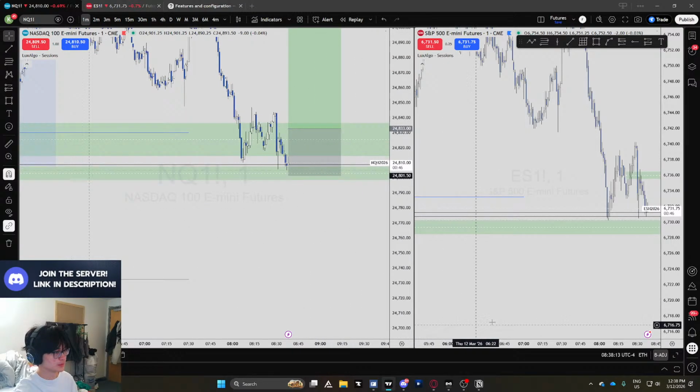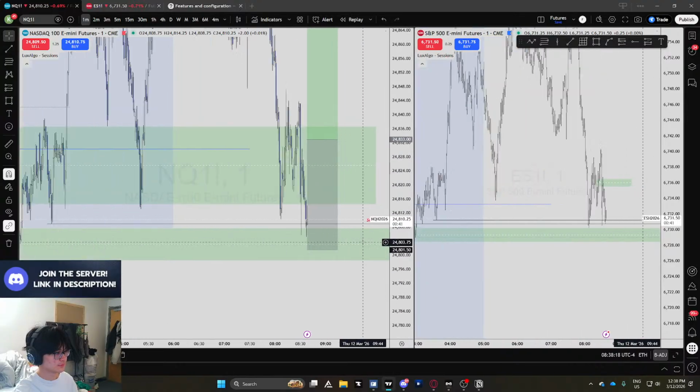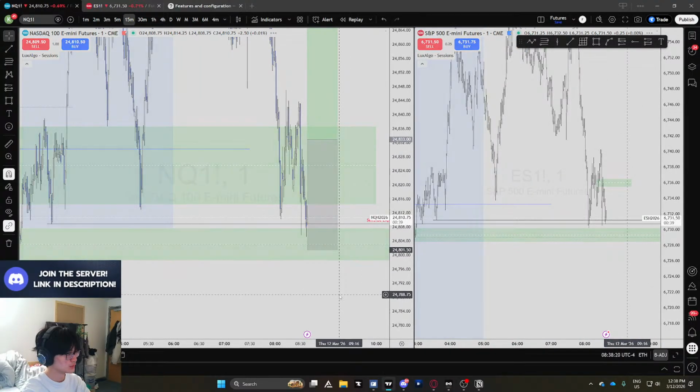Like we're going for a deeper run. Still looks a bit shallow.